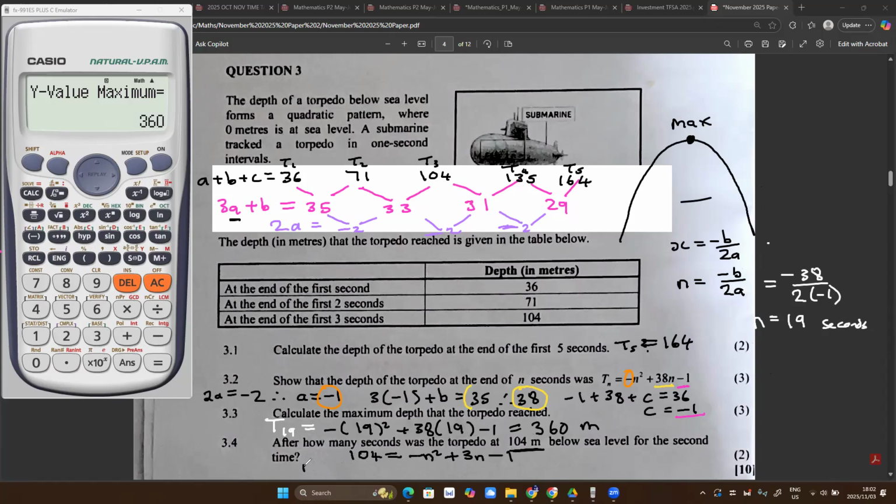Let's get it all to the left-hand side. So n squared, 104 plus 1 when it comes over is 105. And then the 38n is going to be minus 38n, which we expected. So we get plus 105. So n squared minus 38n plus 105.